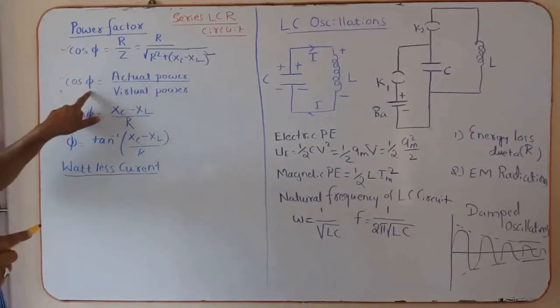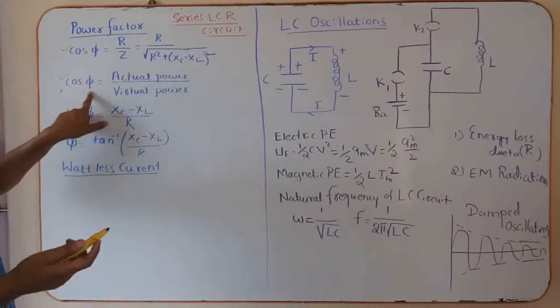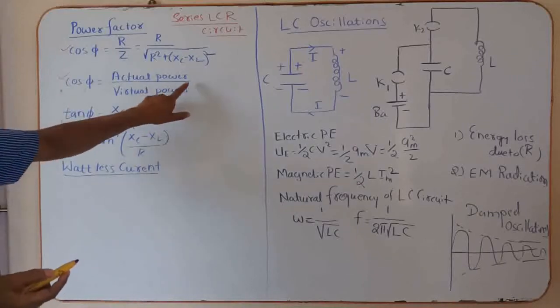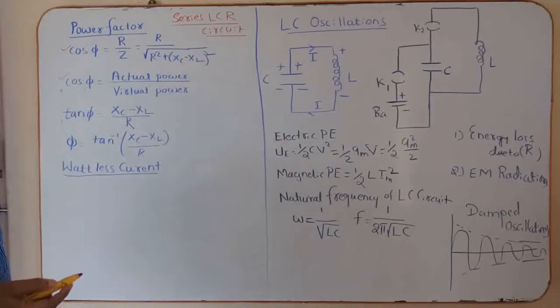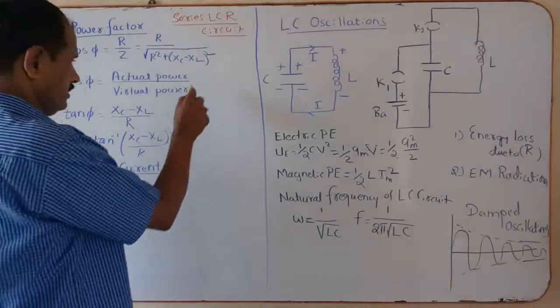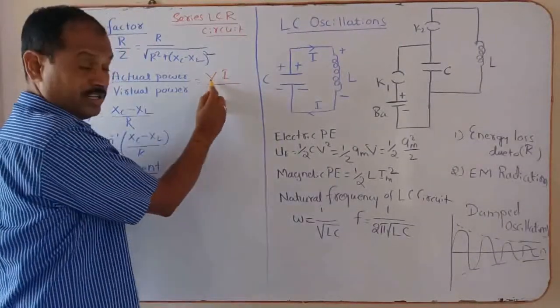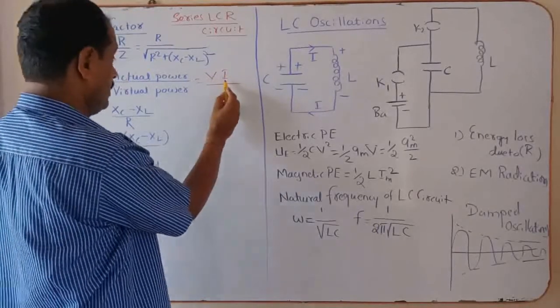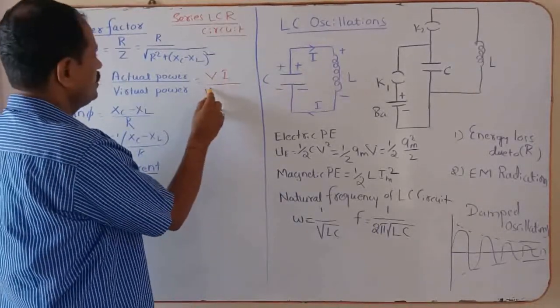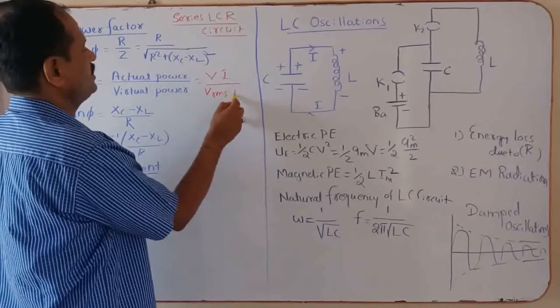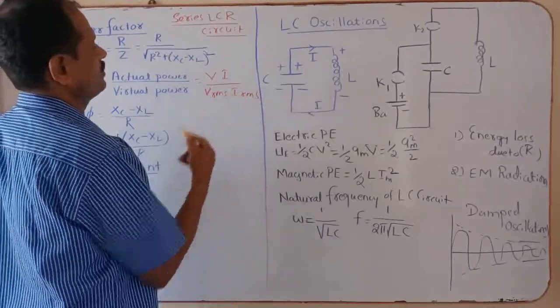You obtained the expression for the power factor in the previous video clip. It is defined as the ratio of the actual power to the virtual power. Actual power means V into I, the instantaneous value of voltage and instantaneous value of current. Virtual power is V RMS into I RMS.